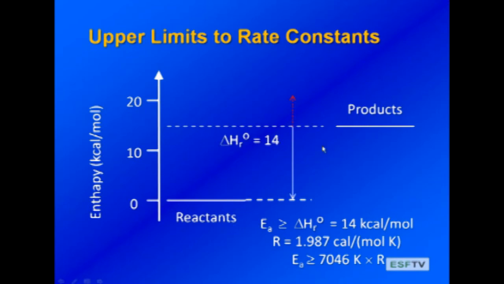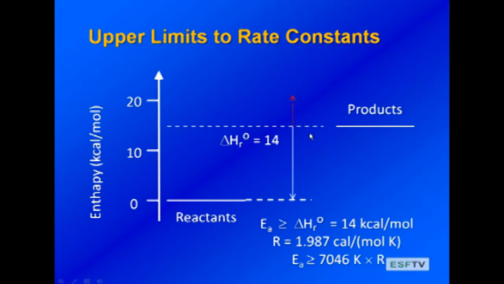So here I put some numbers on this reaction coordinate diagram, the enthalpy in kilocalories per mole from 0 to 20. And we have reactants, products, and we set for this example that the enthalpy of reaction is plus 14 kcal per mole. The transition state will lie at least 14 kcal per mole above reactants, maybe a lot more.